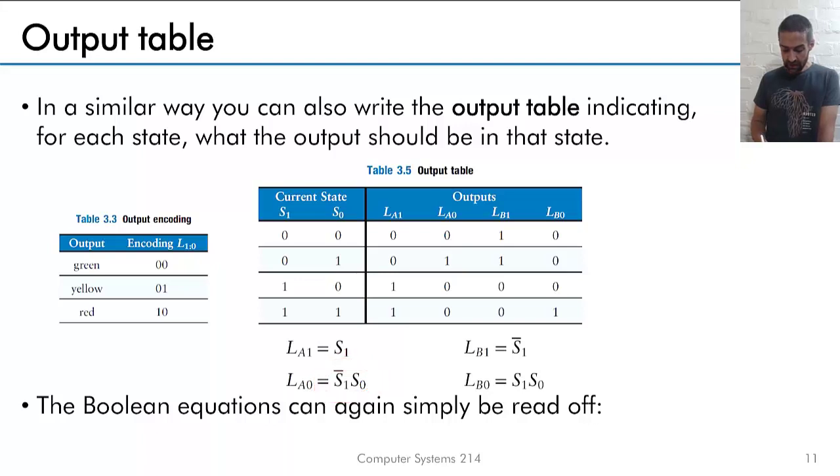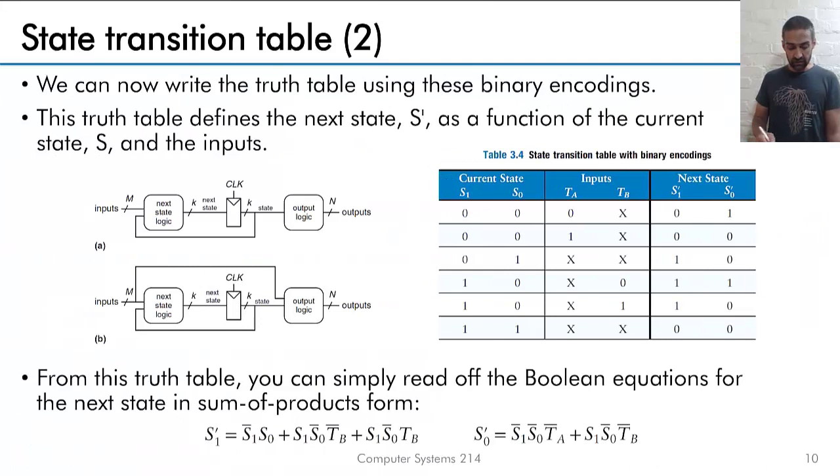Then LB1 is equal to a 1 here, so that's just equal to not S1. And LB0 is the AND of those two. So that's just the AND of those two.